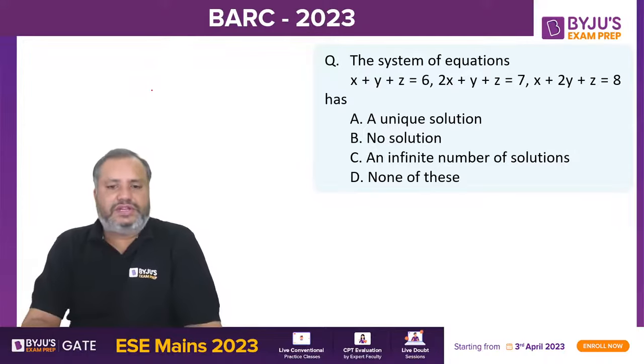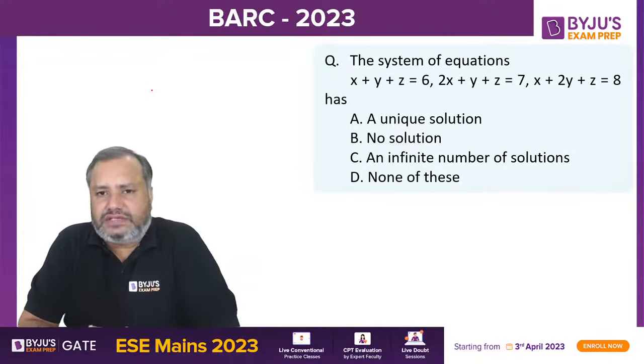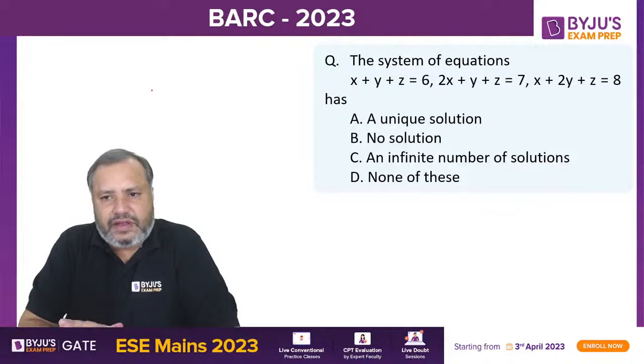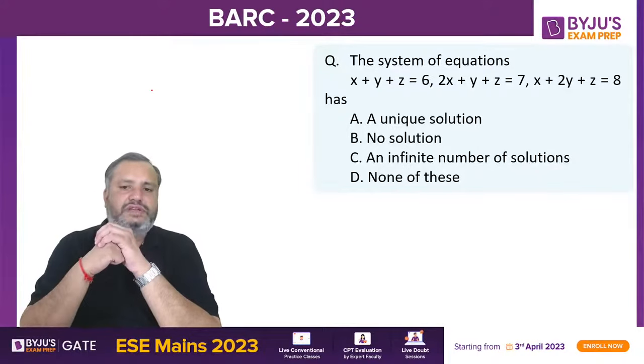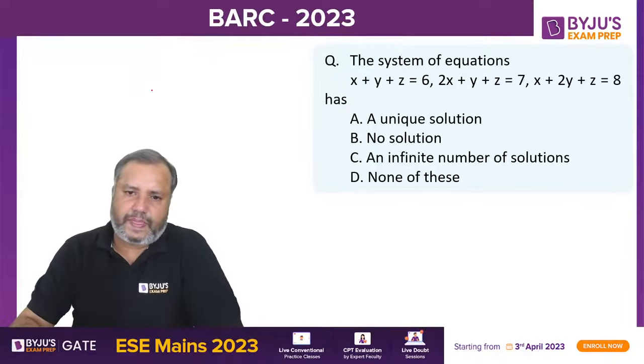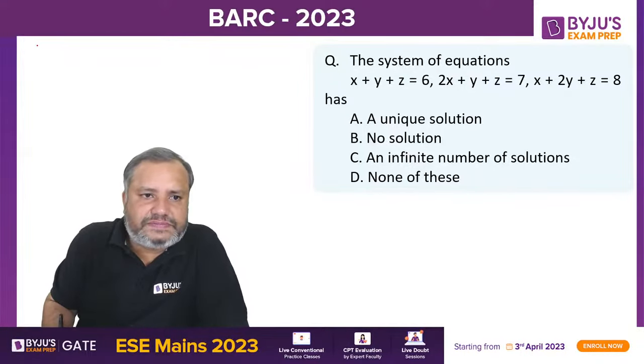Question based on consistency check. The system of equations x plus y plus z equal to 6, 2x plus y plus z equal to 7, x plus 2y plus z equal to 8. So what kind of solution is there? You just need to find out. So students, I will be writing the augmented matrix.